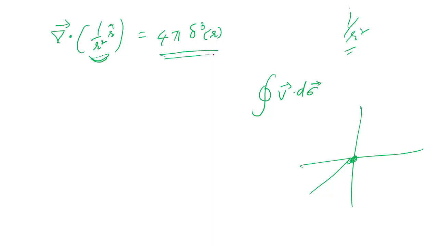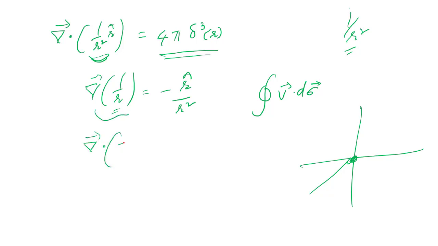If I take the gradient of a scalar function like 1 over r, I would get minus r over r squared. Then if I take another divergence of this, of the gradient, that is the divergence of negative r over r squared.